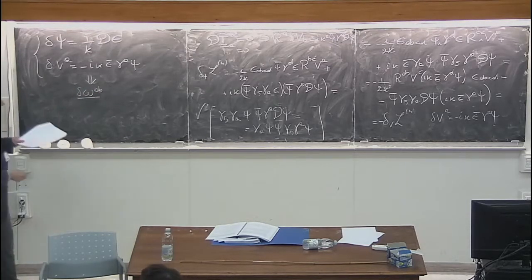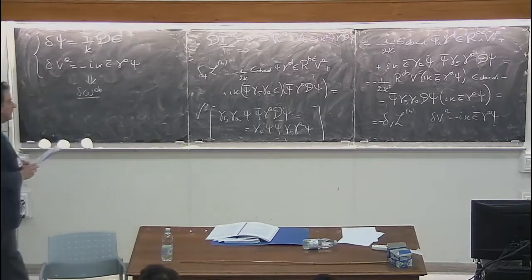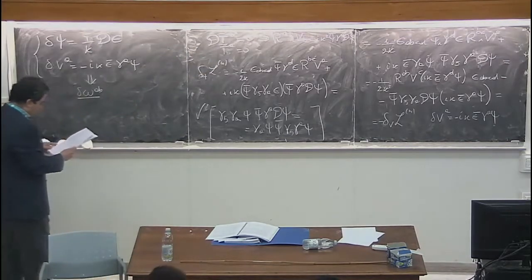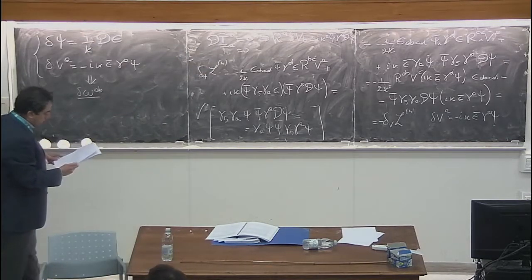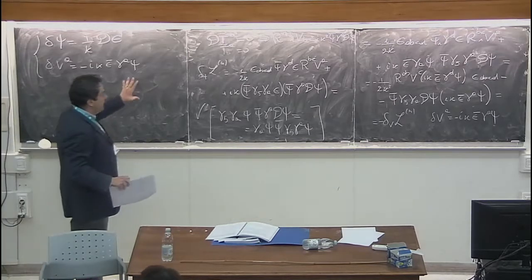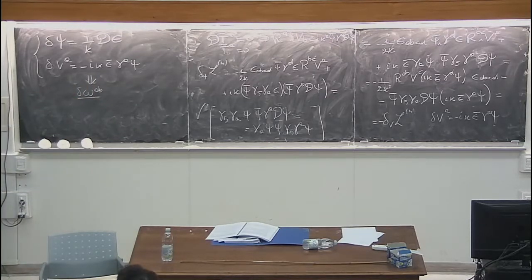We didn't need to use that because we were partially on shell. We were assuming that the super torsion and its derivative were 0. Now the next exercise that we want to do: the action we started from is invariant under supersymmetry, so it's consistent.